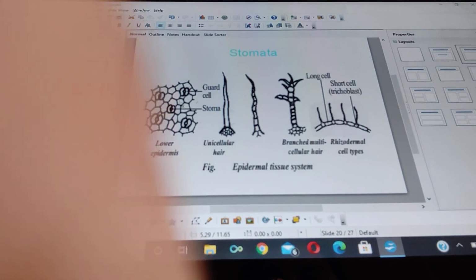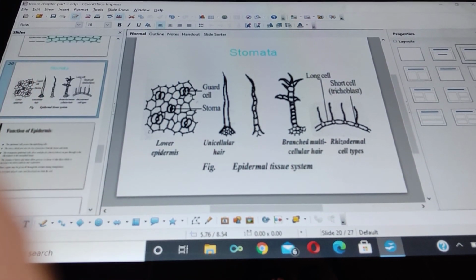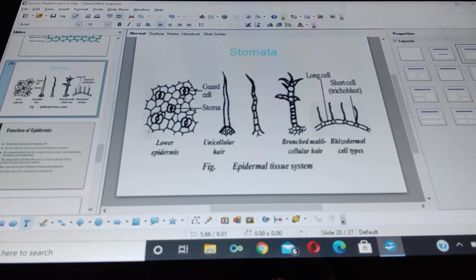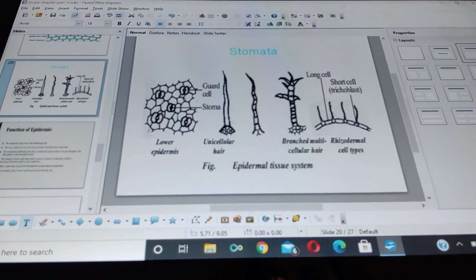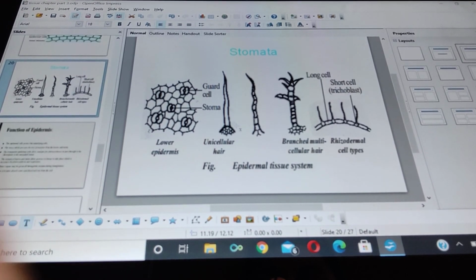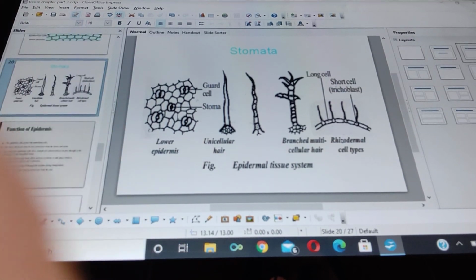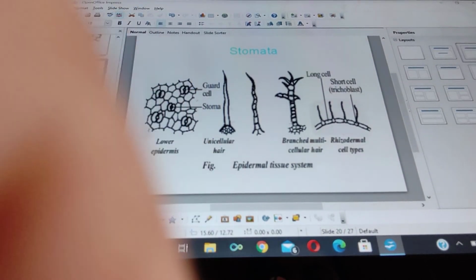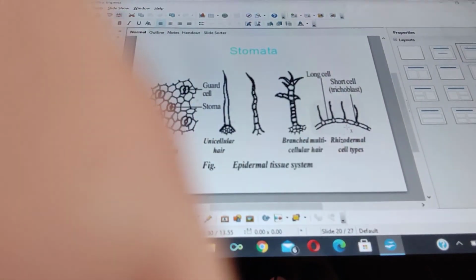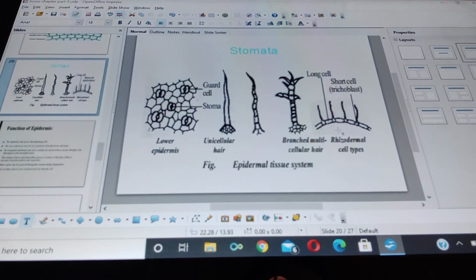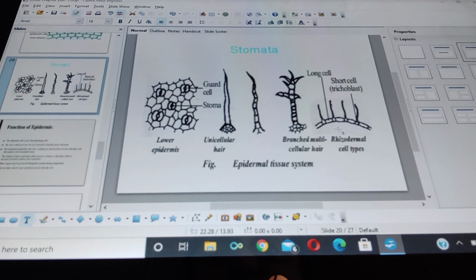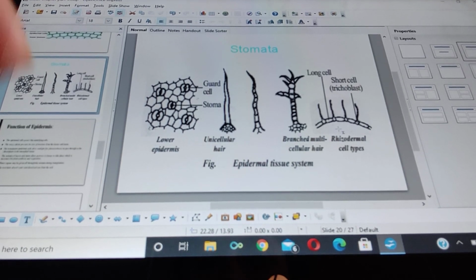These are the stomata on the leaf. In the leaf, these guard cell structures are present. This is roots. In the roots, the epidermal tissues are present. So these are the different structures of epidermal tissues. They are present on the roots and in the leaves.